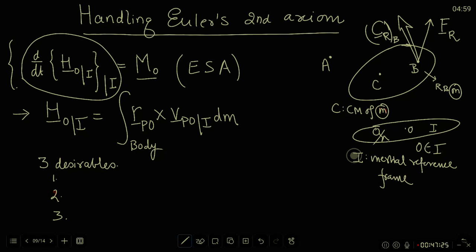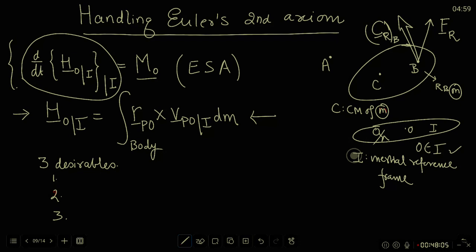Now HOI is an integral. I have written this expression here: RPO cross VPO with respect to I dm. This integral makes it difficult to handle the algebra of this. First, it is an integral even at time t. I mean, this is the HOI at time t. You will have to integrate. And then that is not all.